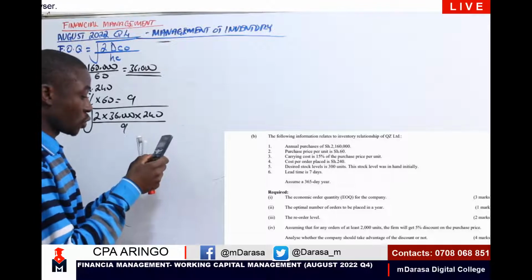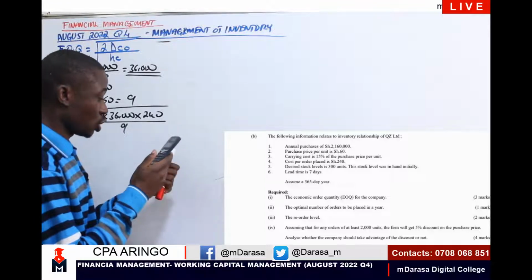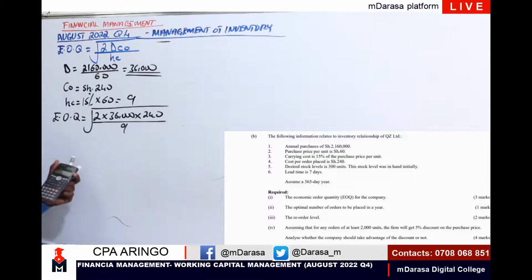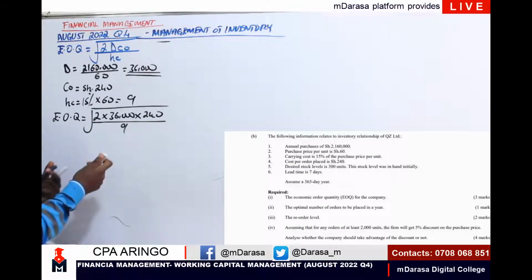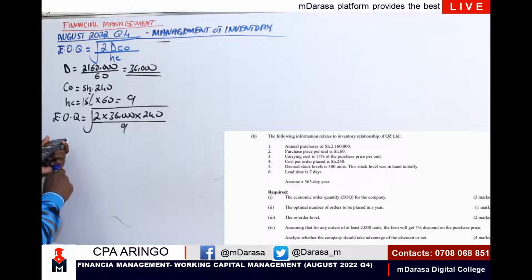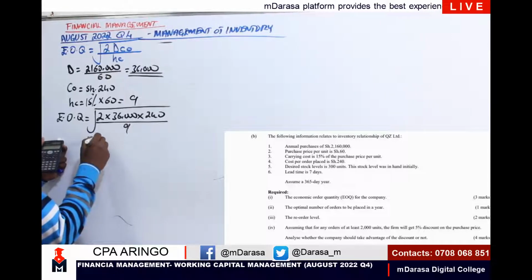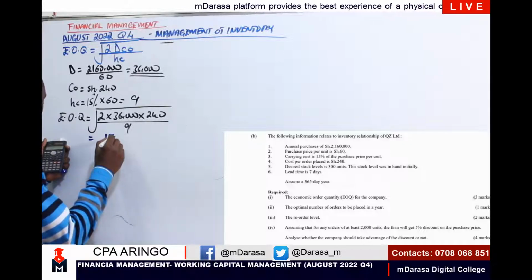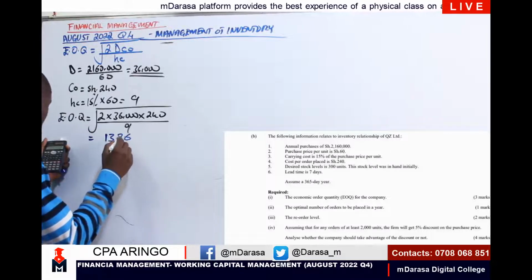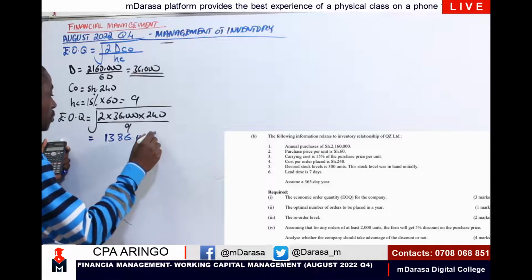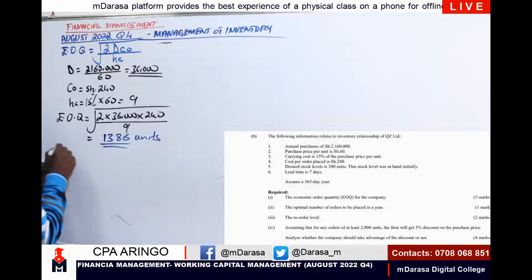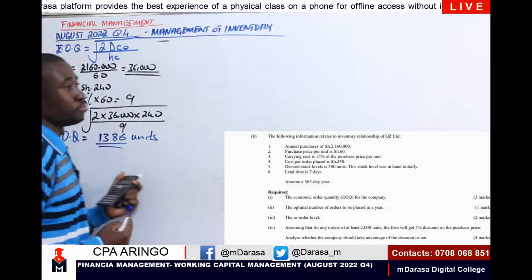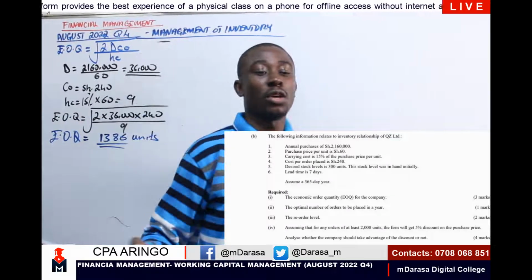I should not forget to square root, to give us how much? I'm having 1,386 units. So clearly and very confidently, we can say that our EOQ here is 1,386 units. That will be our EOQ. We are done with the first bit and you earn your 3 marks.